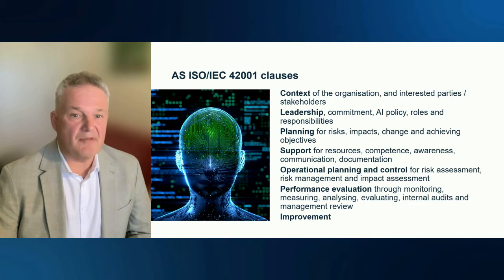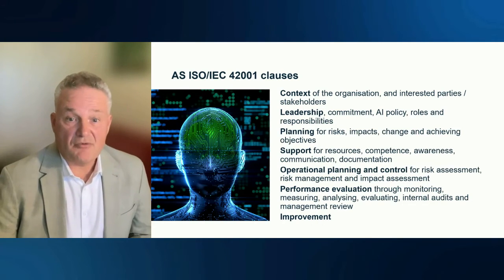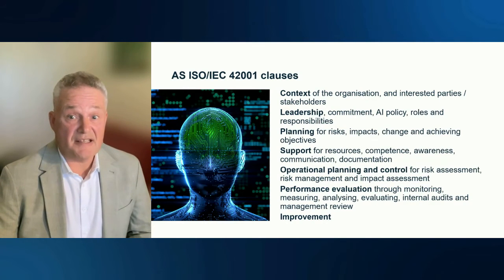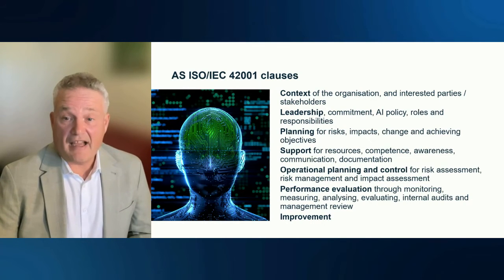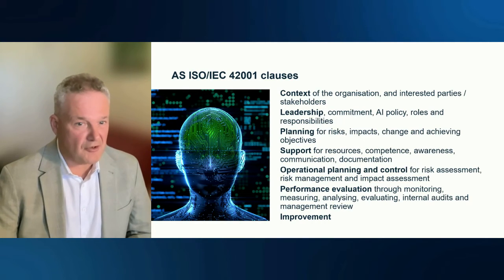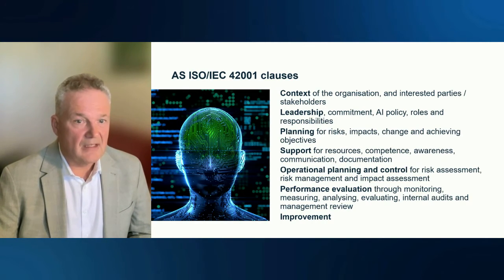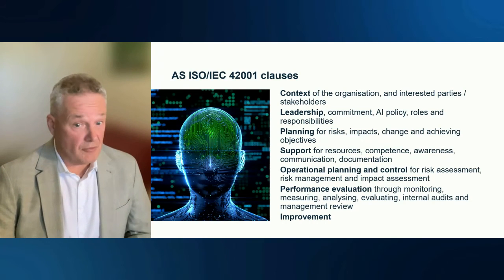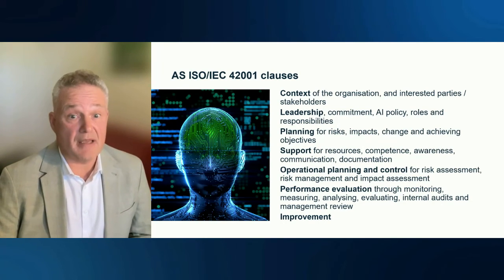To make all this happen, we need access to resources. We need to ensure these resources have the necessary competence and that they are aware of what's happening, and that what's happening is communicated and documented. Now, all of this planning can happen while your AI system has already been made operational or is in the process of being developed.